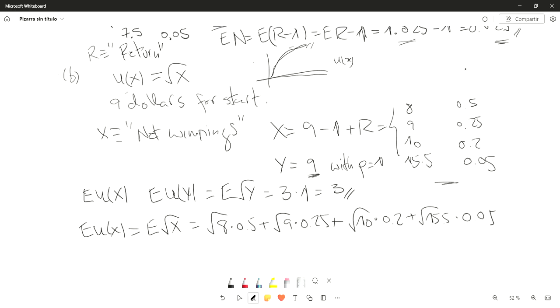If we compute this value, we get 2.9935.